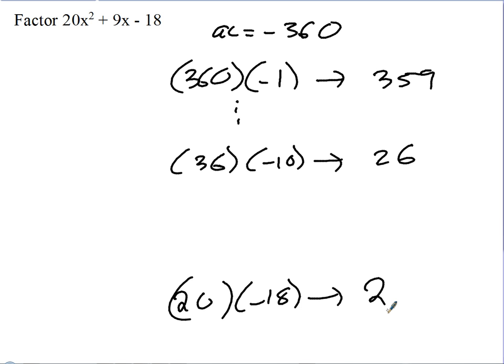18 and 9, I'm hearing? I don't think that works. But I could do something like this. Let's see, what could I do? Between 36 and 10, I could probably do something like 24. Anyway, we've got to find the ones that go in between, right?